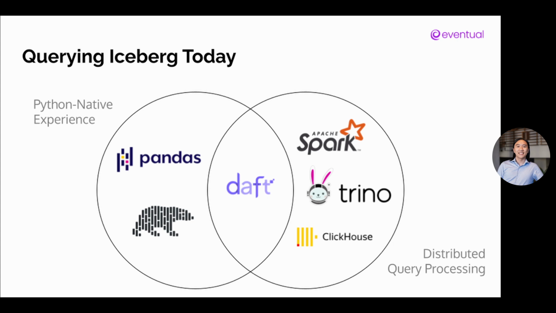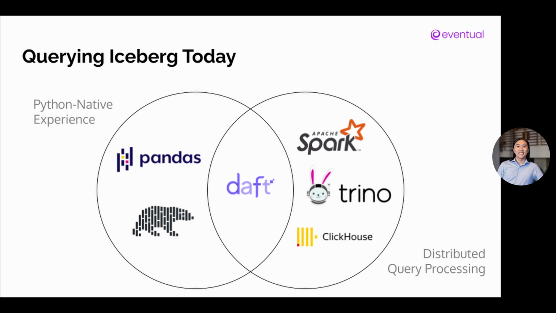On the other hand are these Python native experiences provided by libraries such as pandas and polars. They give you great workflows for interacting with your Iceberg data using Python and doing a lot of the AI and ML things that are often in the data science and AI landscape in the Python ecosystem, and allow you to use a lot of the Python libraries that you love.